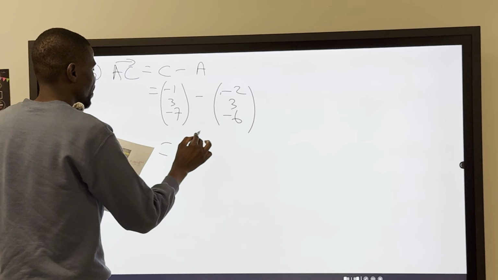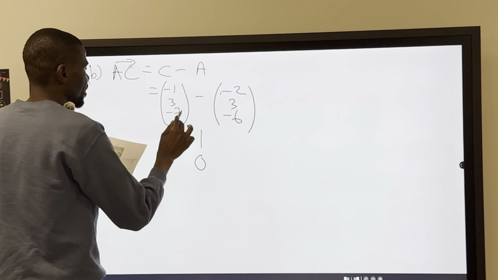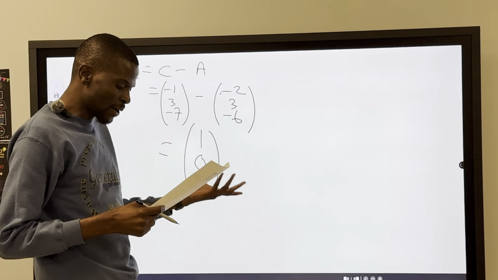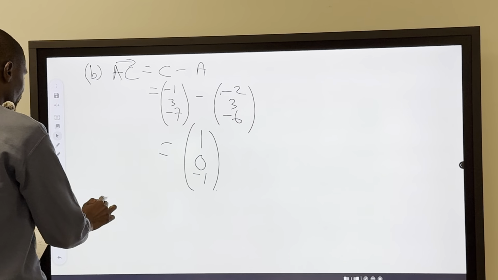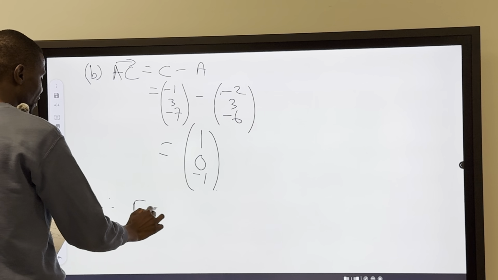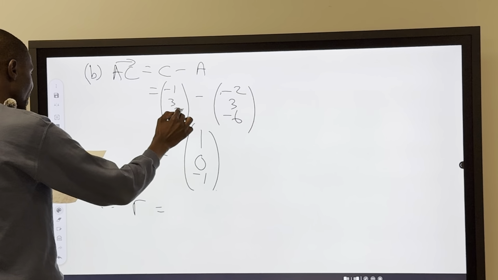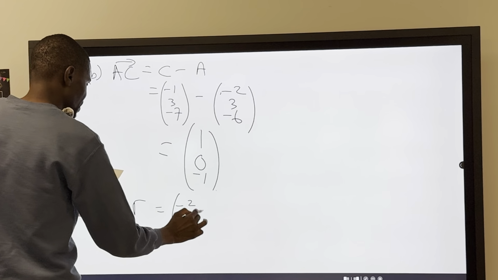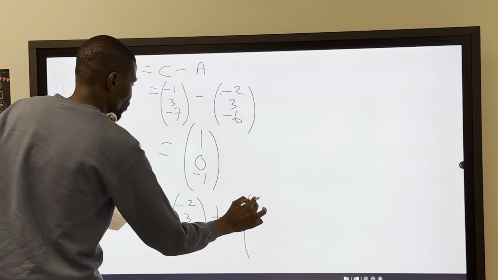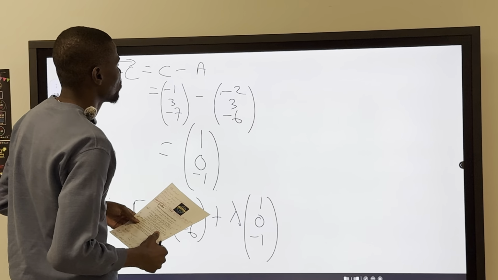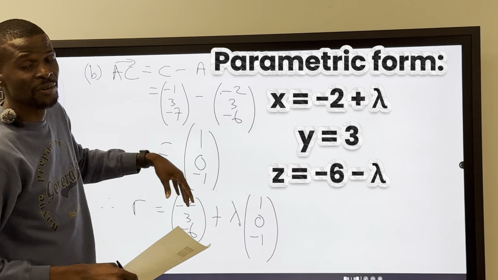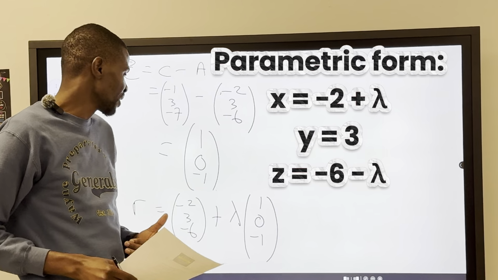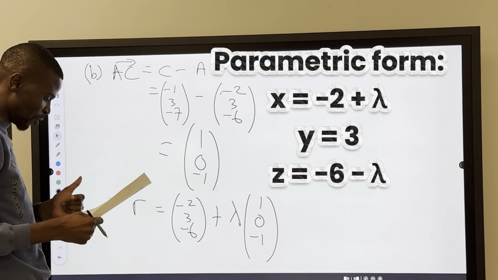So here it's -1 plus 2, that is 1, 3 minus 3, that's 0, -7 plus 6, that's -1. So this is our direction vector. Therefore the equation is r equals (-2, 3, -6) plus lambda (1, 0, -1). You could still use C, or even A, it's okay, because we must have a specific point on the line plus the direction vector. All right, that's all for part B.